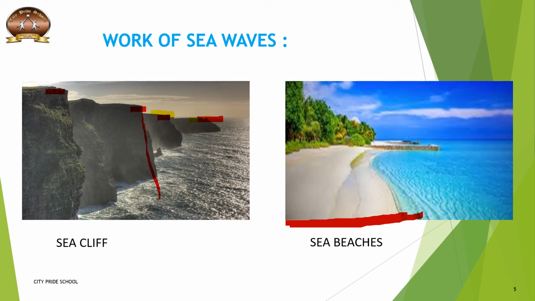Okay children, I hope you have understood the work of sea waves. The sea waves strike the rock, cracks are developed, gradually over time they become large and hollow, and the cave is formed. Then the cavities become bigger and bigger, and only the roof remains, forming an arch. Then with further erosion, the roof of that arch falls, and only the pillar-like structure is left, which is called a stack.